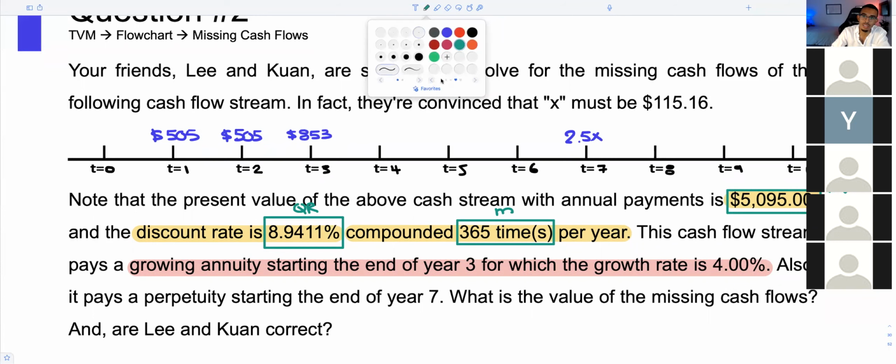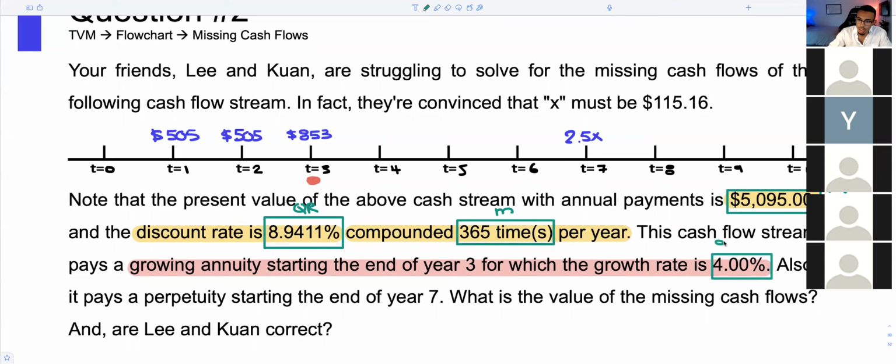They're telling you there's a growing annuity that will begin right here. Very important. And they're also telling you that it has a growth rate of 4%. Obviously, if we're dealing with a growing annuity, the growth rate is very important. It's a very pivotal part of the formula.